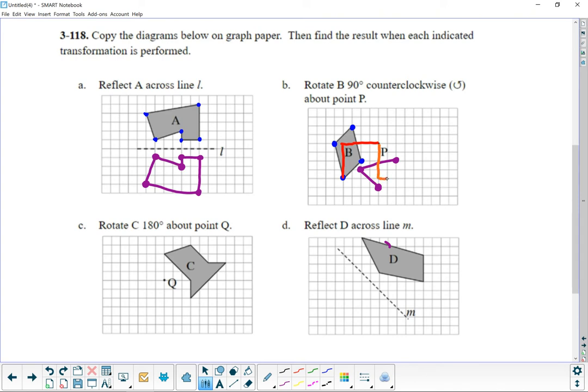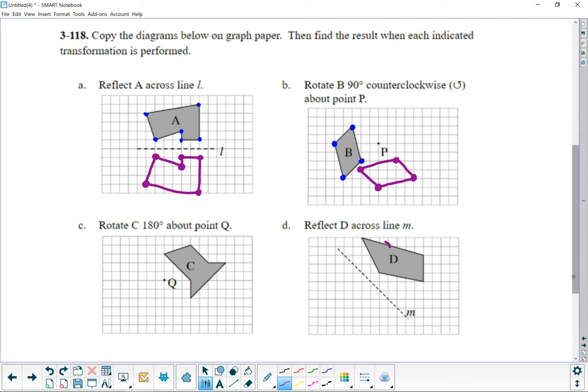Now 4 down will be 4 to the right. 1, 2, 3, 4. That's where I'm going to end up at. This one's fairly tough. Right, so I'm going to connect your dot, and that's the image of B.